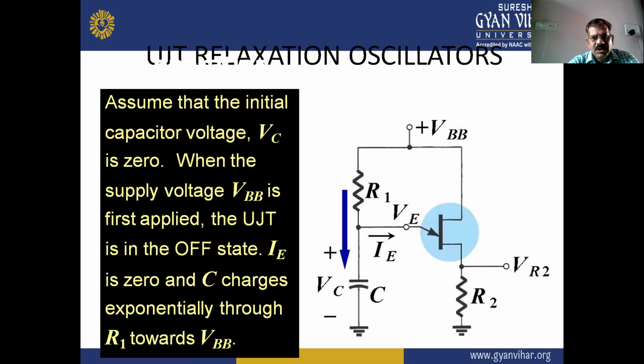Here assume in this circuit that the initial capacitor voltage VC is 0 when the supply voltage VBB is first applied. The UJT is in the off state. IE is 0 and C charges exponentially through R1 toward VBB, and we can also see that process in this circuit diagram.